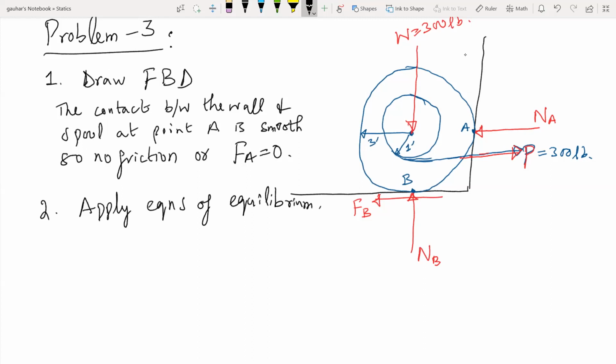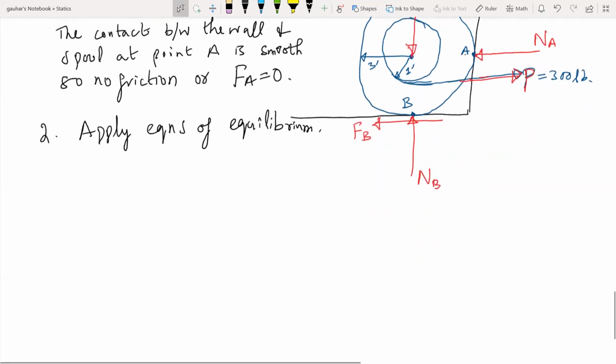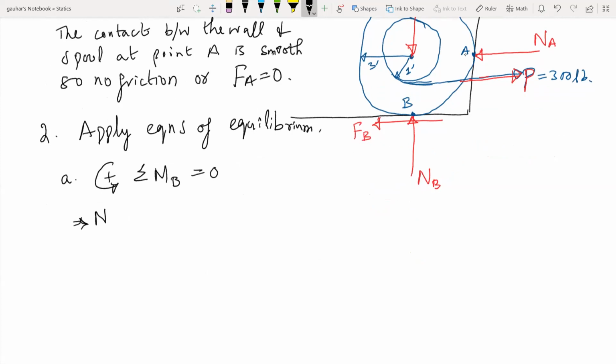So how many unknowns do we have? We have N sub A, N sub B, and F sub B. So only 3 unknowns. Not a problem, we only need 3 equations. Let's do counterclockwise positive. Summation of moments at point B equals 0. If you do that, what do you get?